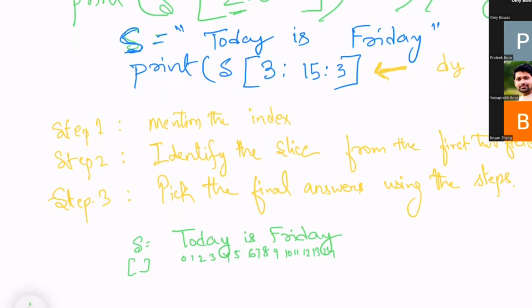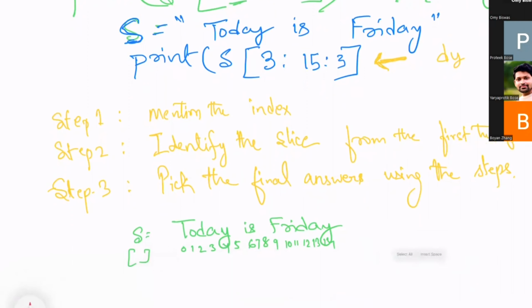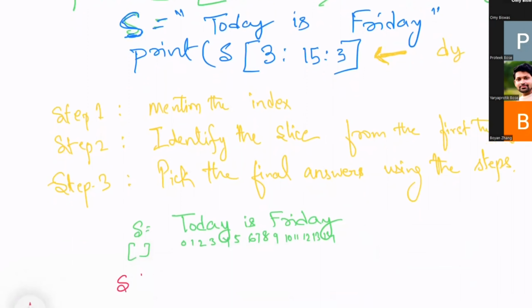So you can see S of 0, S of 3, 15. So first step is mention the index, identify. So we have mentioned the index here.